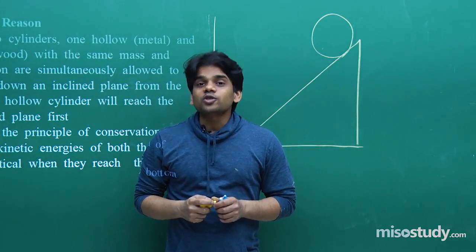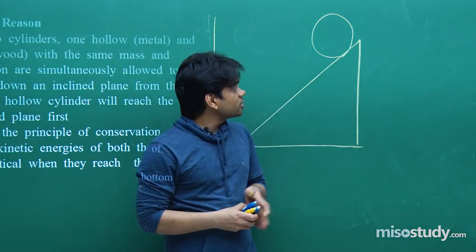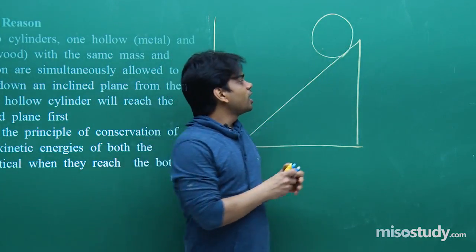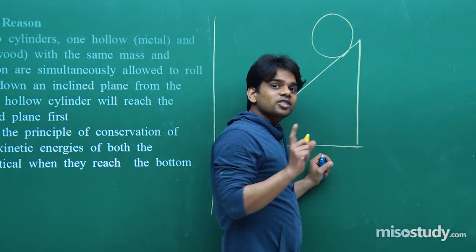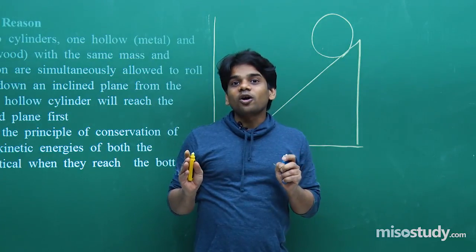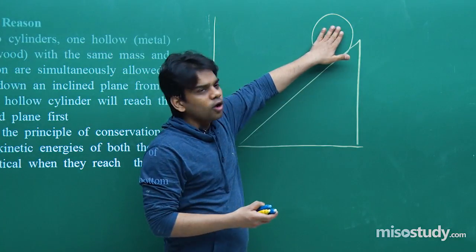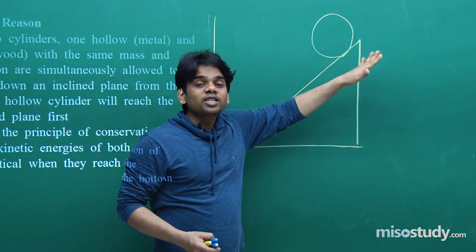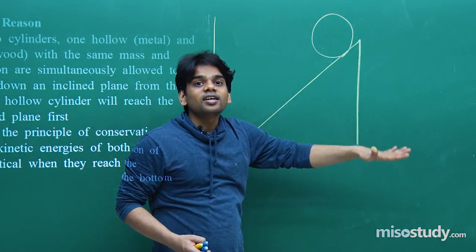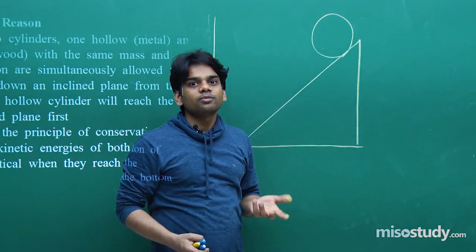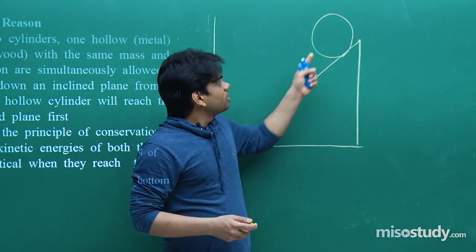In the case of rolling motion, let me remind you, acceleration is not constant. It is dependent upon the kind of object. The less the moment of inertia, the more will be the acceleration.